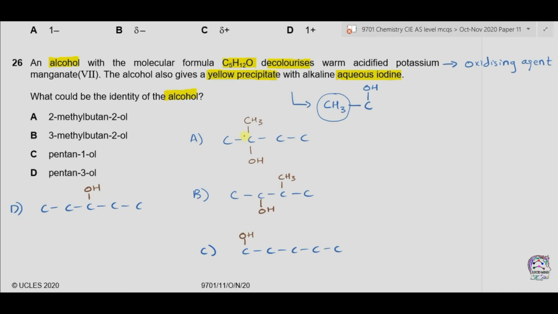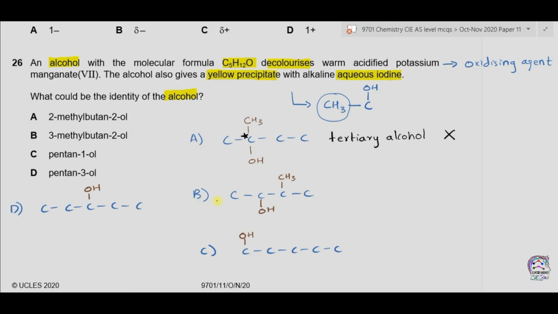In A, the carbon attached to the OH functional group is attached directly to 3 other carbon atoms, so this is a tertiary alcohol. And a tertiary alcohol does not oxidize in the presence of acidified KMnO4.